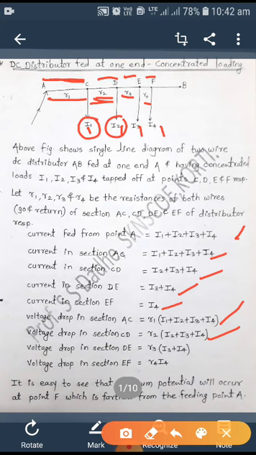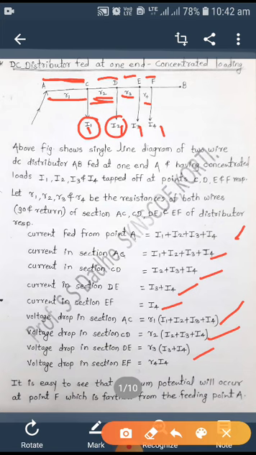That much of total voltage drop is there in section CD. Now for section DE, resistance is R3 and total current through that section is I3 plus I4. Therefore voltage drop in section DE is R3 into (I3 plus I4).